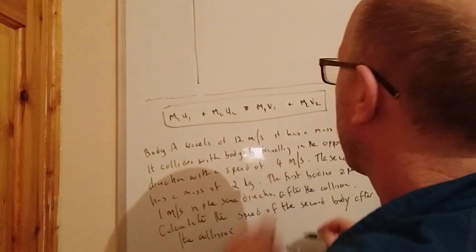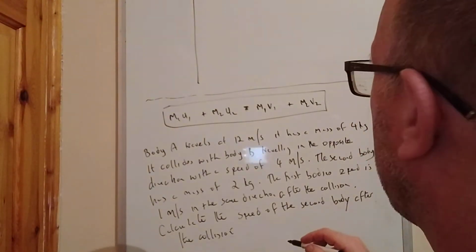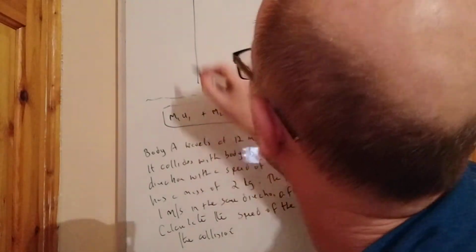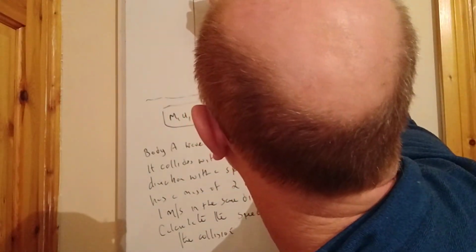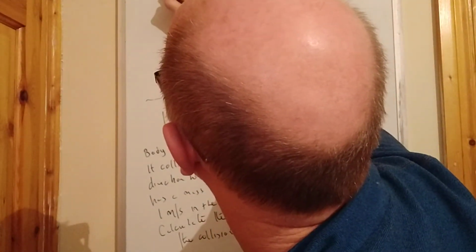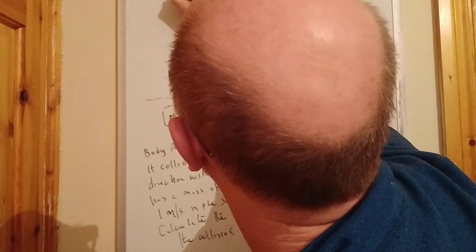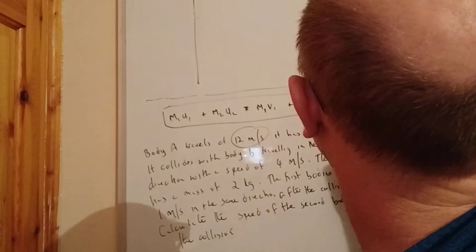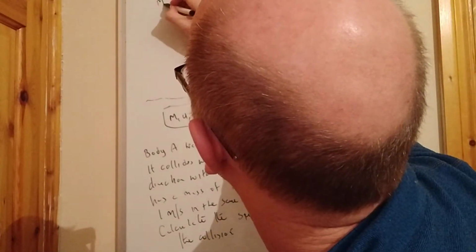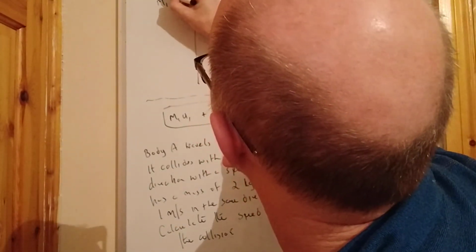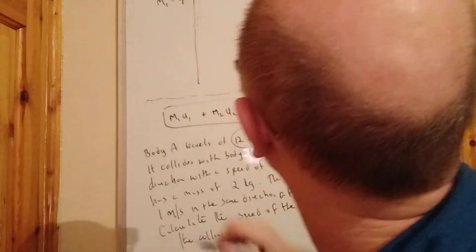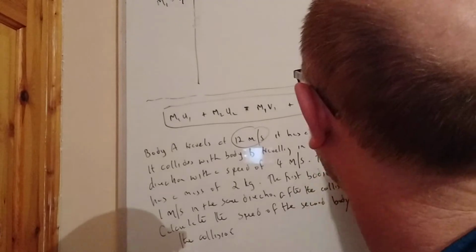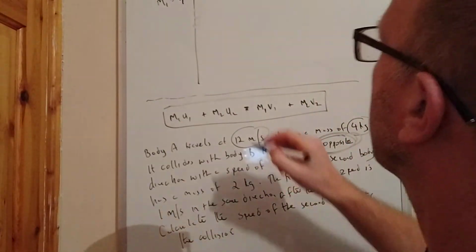That's before the collision. So body A has an initial velocity, u1, of 12. It has a mass of 4, so m1 is 4. We're calling body A 1, we could call it A if we liked. It collides with body B traveling the opposite, this is crucial, opposite direction with a speed of 4 meters per second.